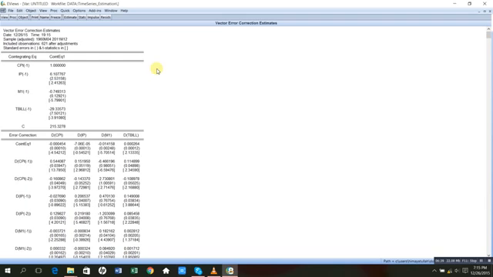Now these are vector error correction estimates, and this is the cointegrating equation, and these are the coefficients, these are the standard errors, and these in the braces are the t statistics. Here is the error correction model, and there are four equations.